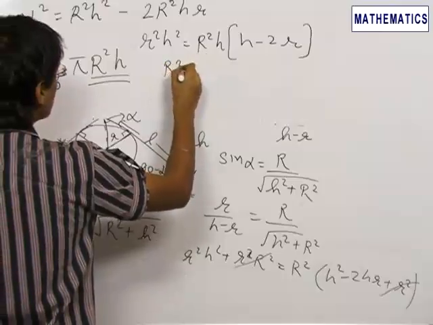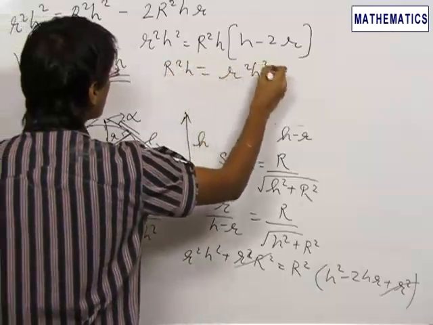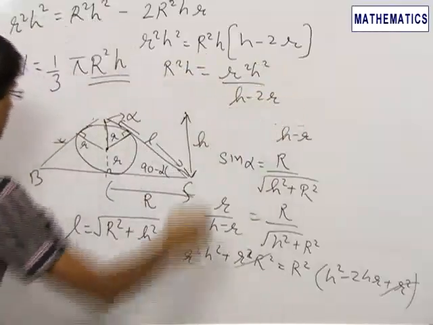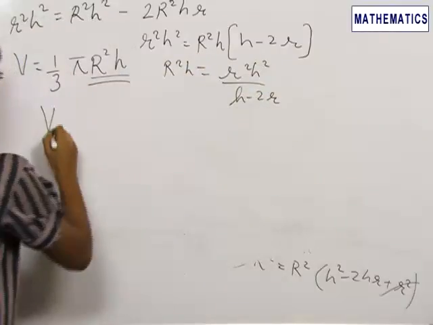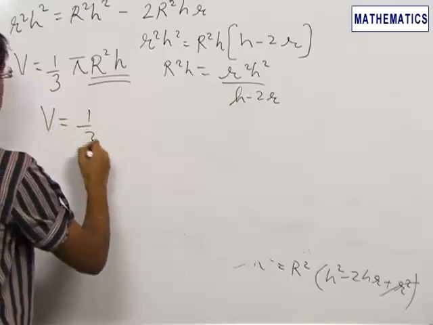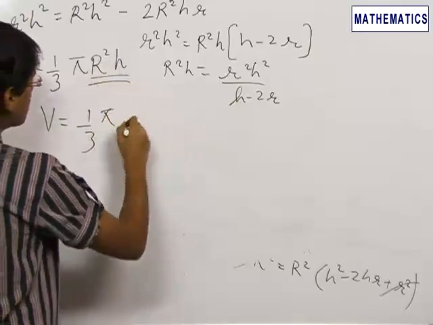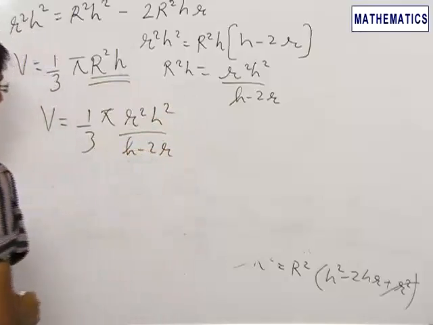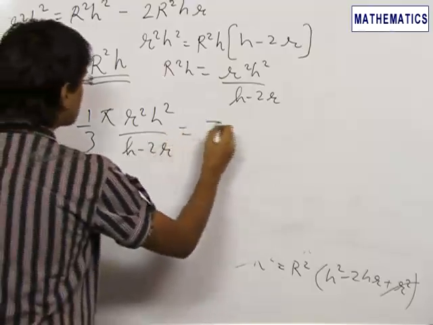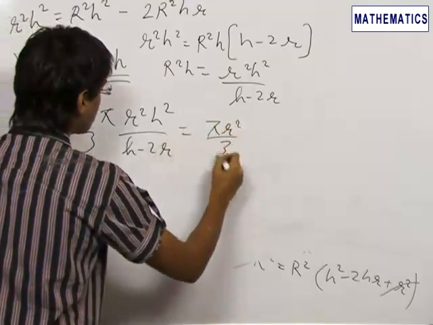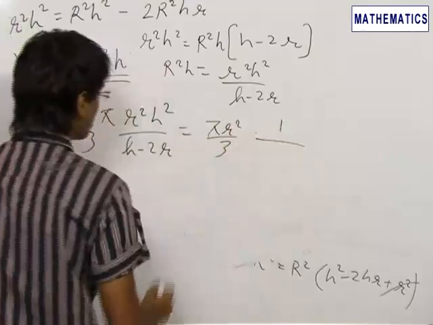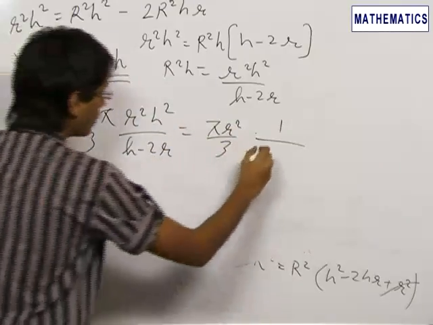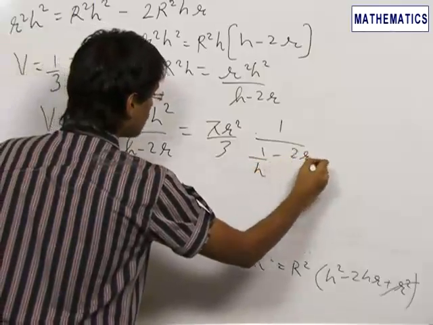Hence R square h is equal to r square h square upon h minus 2r. So we can write the volume to be equal to 1 by 3 times pi R square h, which is r square h square upon h minus 2r, or this can be written as pi r square by 3 into 1 upon this h square can be divided to numerator and denominator to get 1 by h minus 2r by h square.